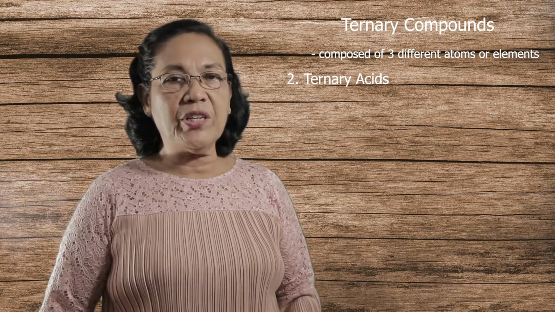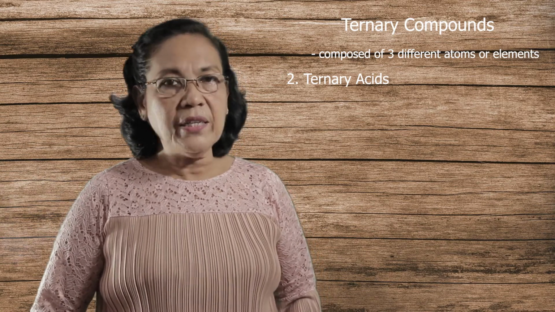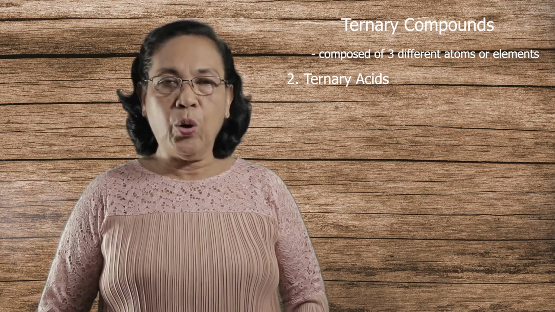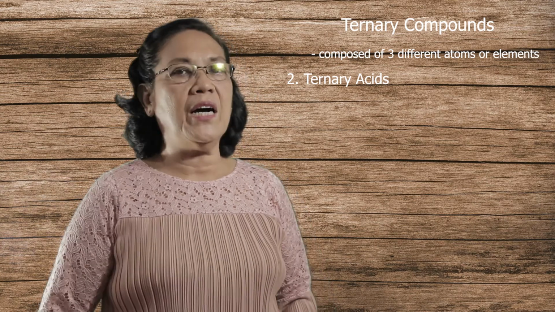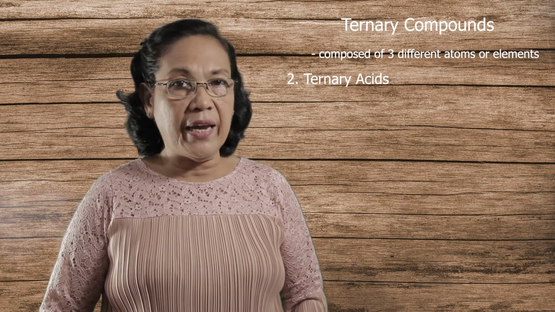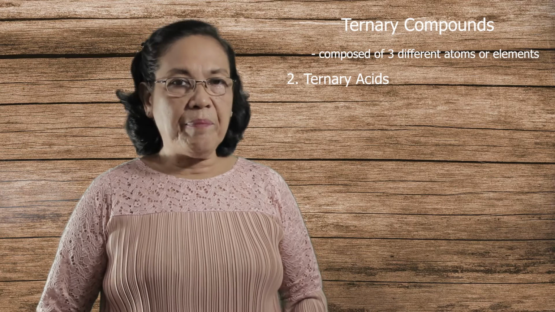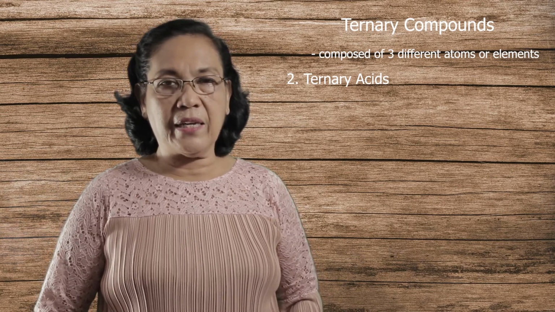If the oxidation number of the central atom is between 7 and 8, there is a prefix to be used, which is hyper or per, plus the stem name of the central atom, then the suffix IC. So the name of this acid will be per plus the stem name ending in IC.